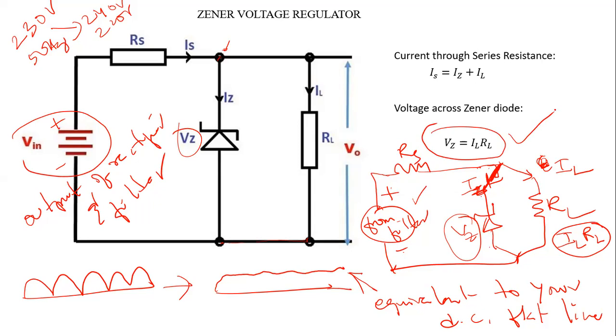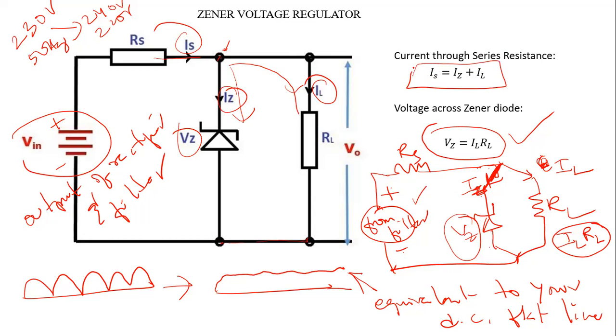Now, IS is the current passing through the series resistance, and from the branch point, some part of this series current flows through the Zener diode as IZ, and some part flows through the load resistance RL as IL. So the current through the series resistance is IS equal to IZ plus IL.